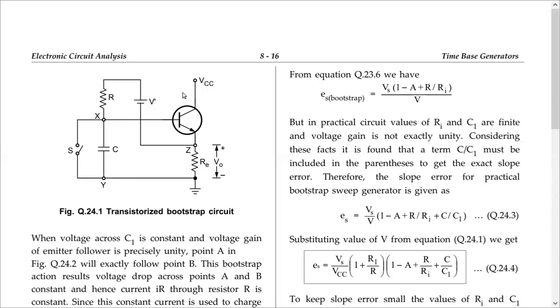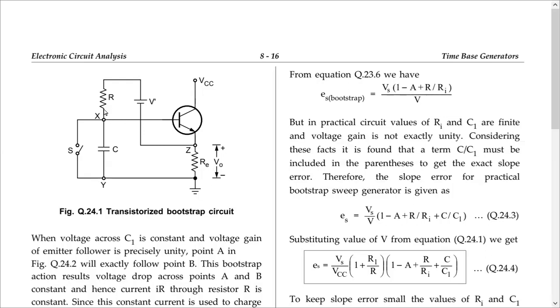Whatever voltage we have at X, the same voltage we have at Z. So it is as good as a voltage source connected with one end here and another end at Z, which is equivalent to being connected at X. So here, we are connecting this voltage source virtually across R.